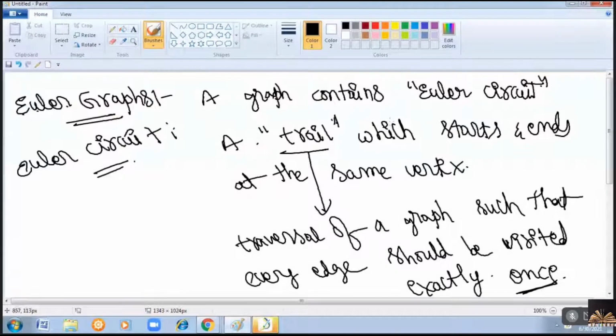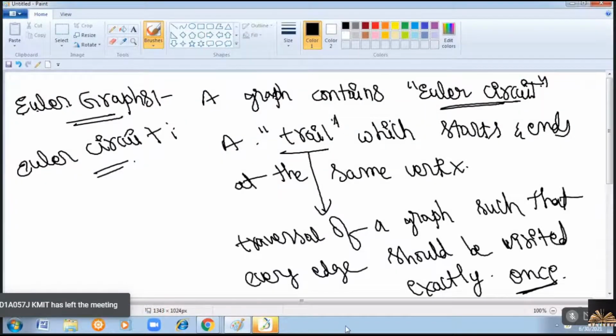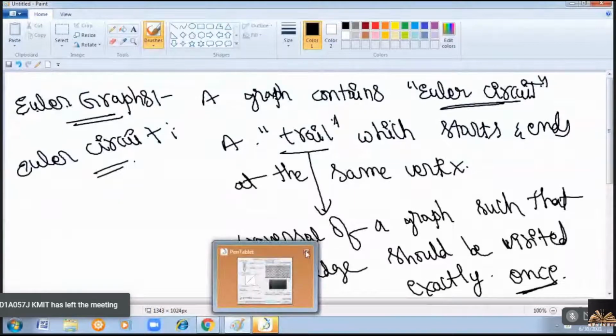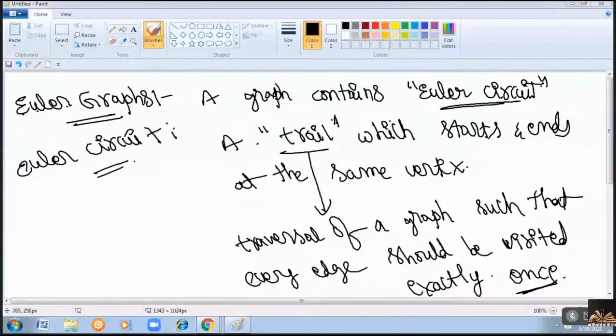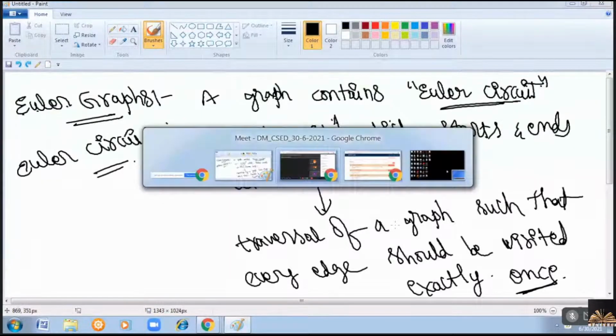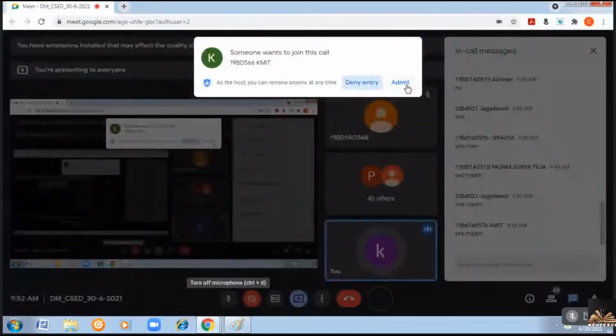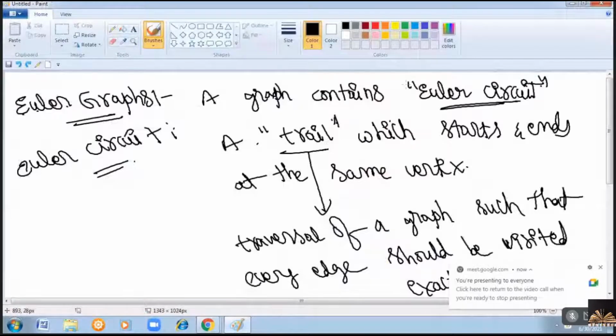Euler graph means a graph which contains an Euler circuit, and Euler circuit means a trail which starts and ends at the same vertex. Trail means the traversal of the graph such that every edge should be visited exactly once. Edge repetition should not be there. Now let's see some examples on this.